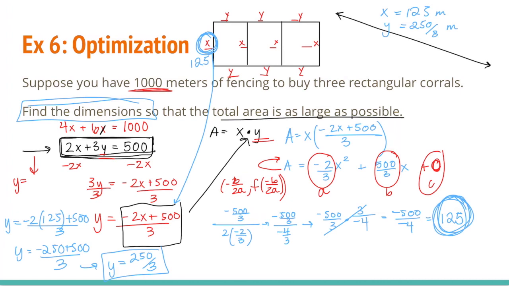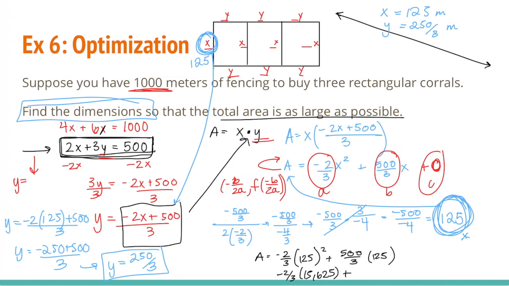I can plug this x back into my new area function. So if I want to do that, I'm going to use black for this. My area equals negative 2/3 times 125 squared plus 500 thirds times 125. I could go through and simplify that. So I can multiply that and get negative 2/3 times 15,625 plus 62,500 divided by 3.